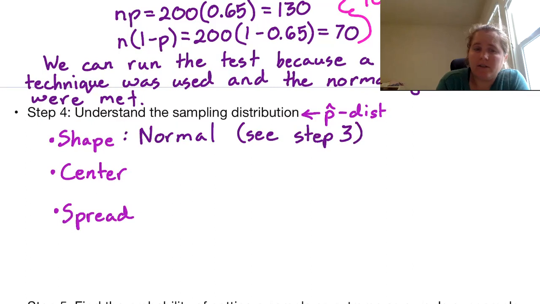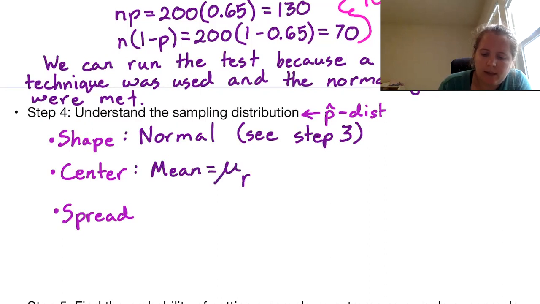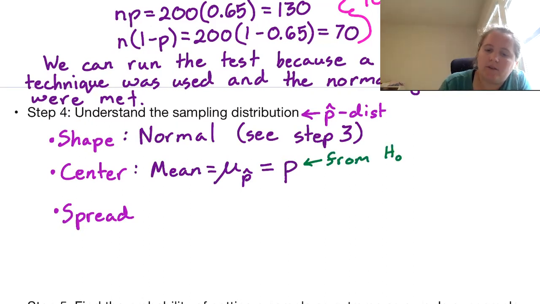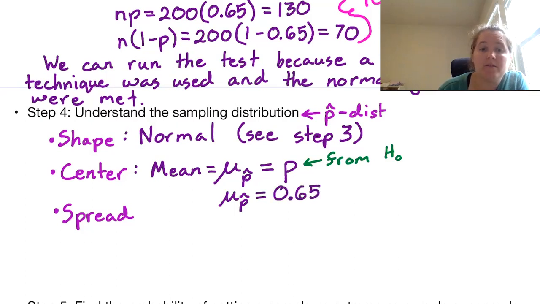For center, for the p-hat distribution, we know that the mean, or mu sub p-hat, is simply equal to p. Again, this p is going to be from our null hypothesis. And so our mean will be that mu sub p-hat is equal to 0.65.